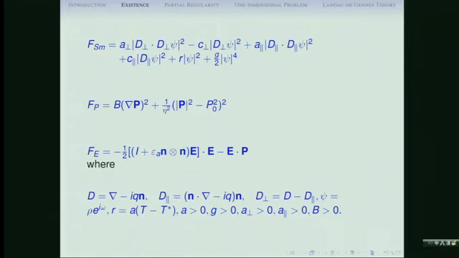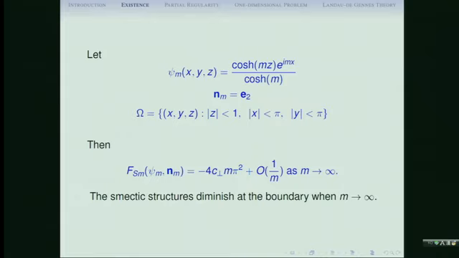But in the case where C perp is positive, this energy does not have a minimizer, so it is not bounded from below. Here is one example: when you take a special psi function and compute the smectic energy, as m goes to infinity this goes to minus infinity. So this is not bounded below in general.